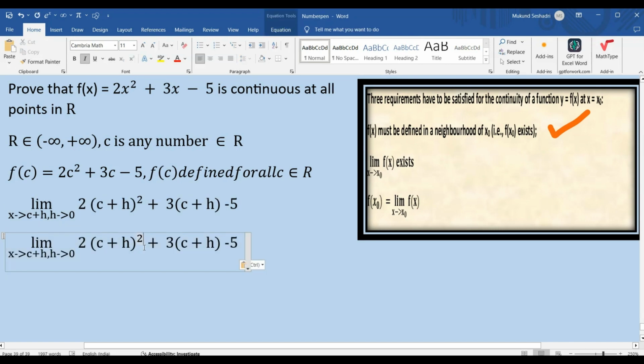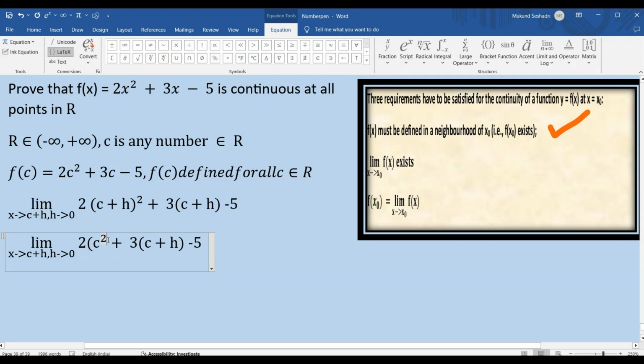And what do we get? We get c square plus h square plus 2ch. And when I expand my 3(c plus h), all that I get is 3c plus 3h, right?